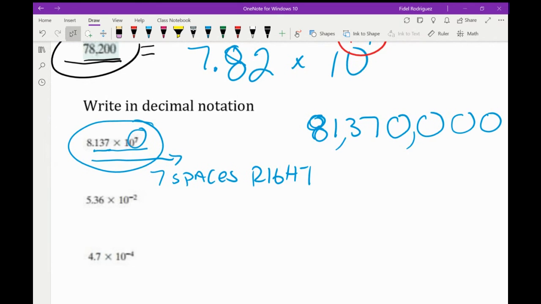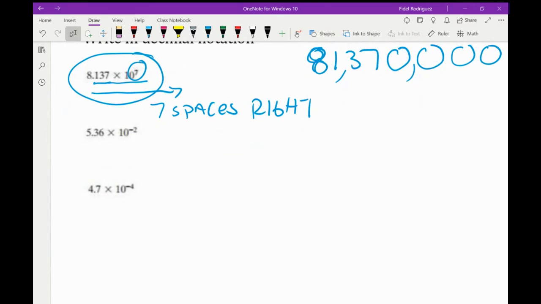Okay, perfect. And then if I look at the next one, it's 5.36 times 10 to the negative 2. So first thing I want you to notice is because my exponent is negative, that's telling me that this number here, y'all, is going to be small. So my decimal point is going to move 2 spaces to the left, right?